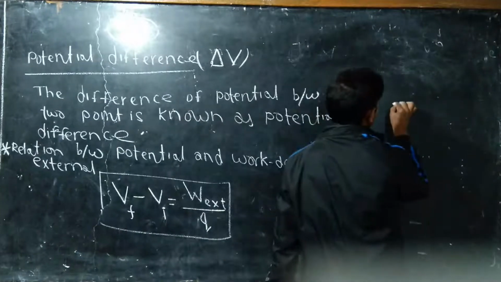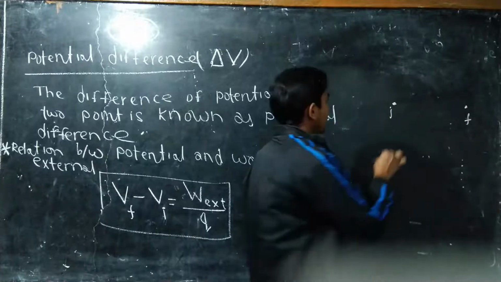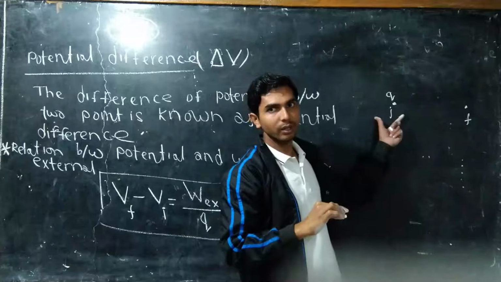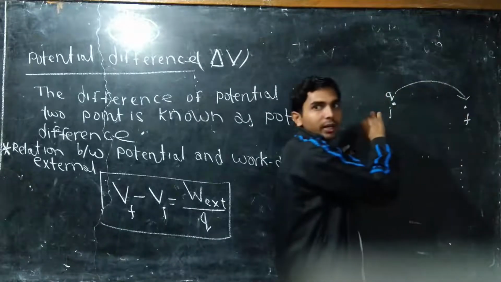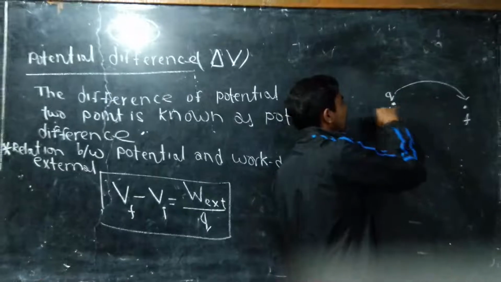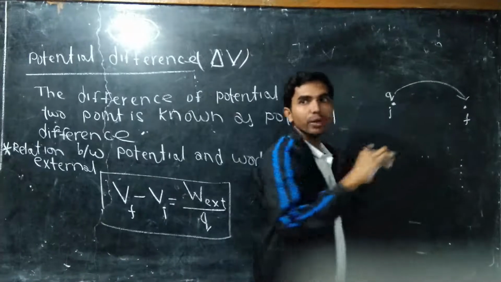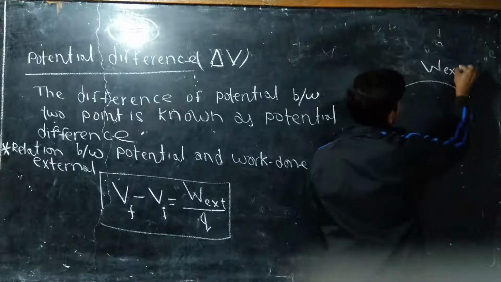Suppose this is your initial point and this is your final point, right? And one charge Q is kept here. Now I am taking this charge Q to this point. In taking charge Q from this to this, I am doing this much work, so this is your W external.